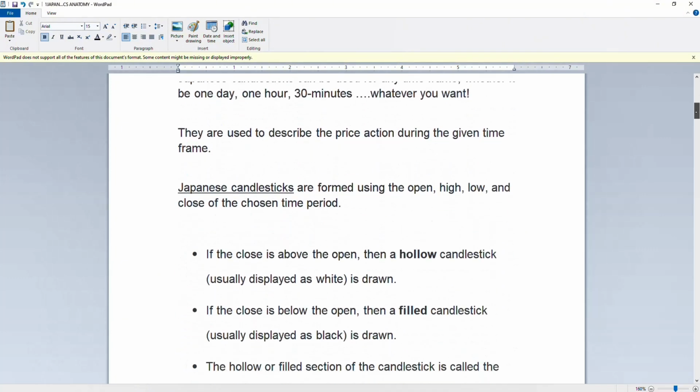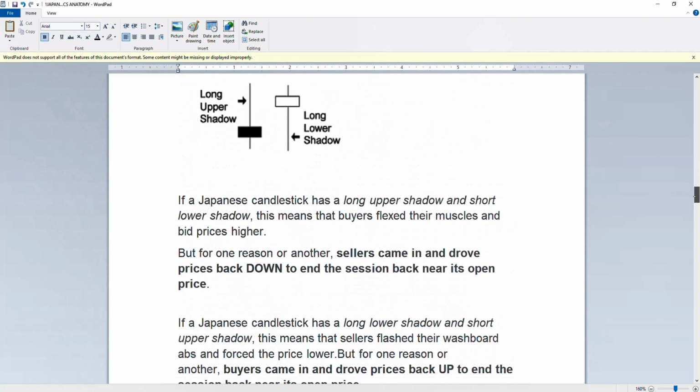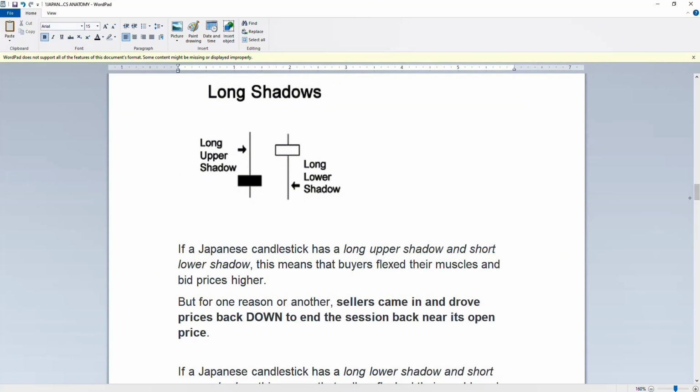The length of a candle body determines the strength or the weakness of buyers and sellers in the market. If candles form very long wicks or very long tails, it indicates the strength and the weakness of the sellers and the buyers in the market.